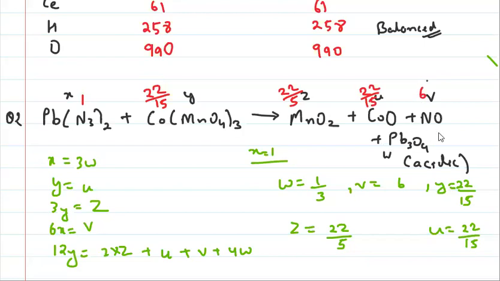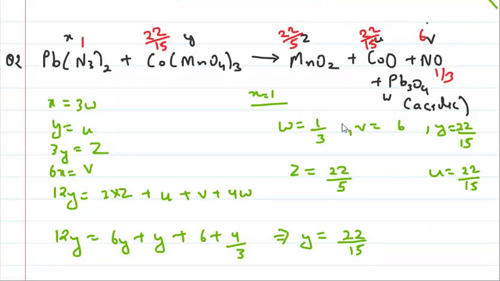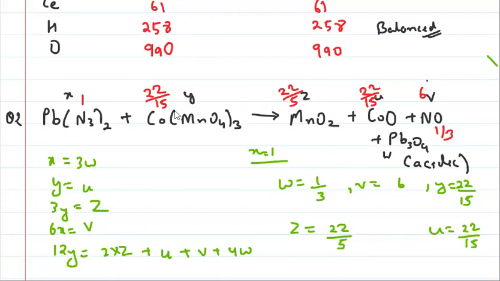W is 1 by 3. Now take the LCM and multiply everything by 15. So this is 15, this is 22, this is 22 into 3, 66, this is 22, 15 into 6, 90, and this is 1 by 3 into 15, 5.